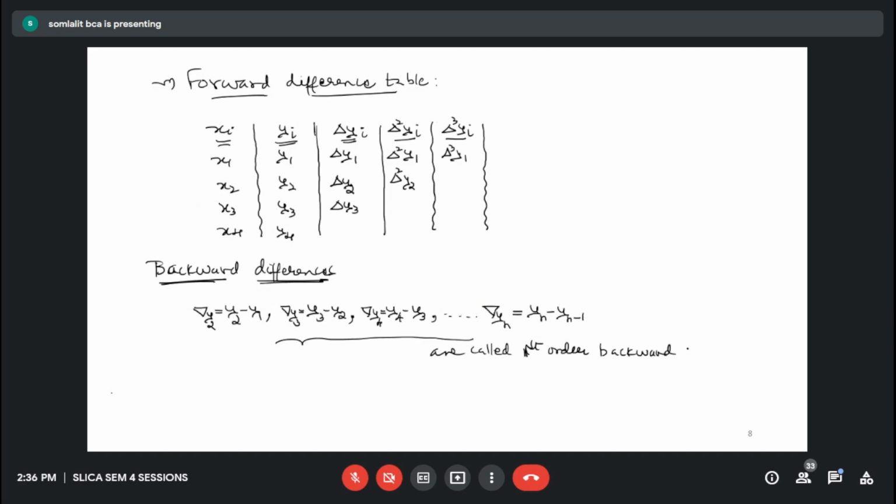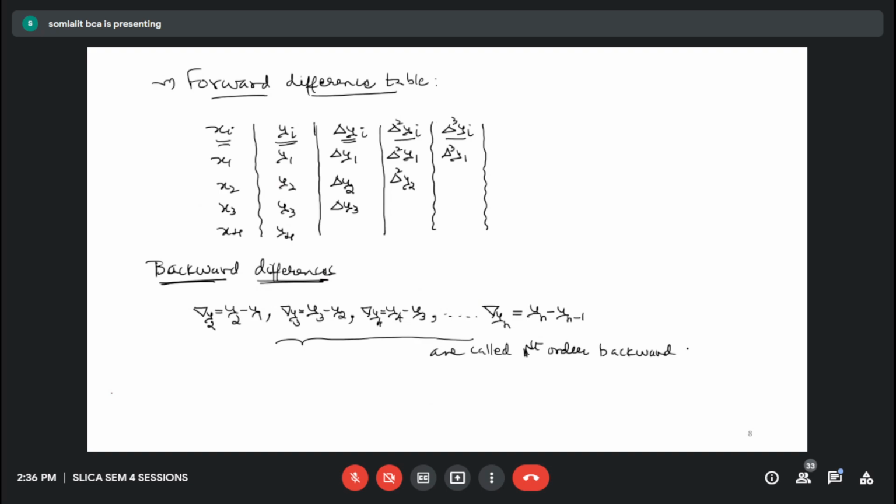Here the first two are not there, and so on. So these are called second order backward differences. In the same way we can define third order and higher order differences.